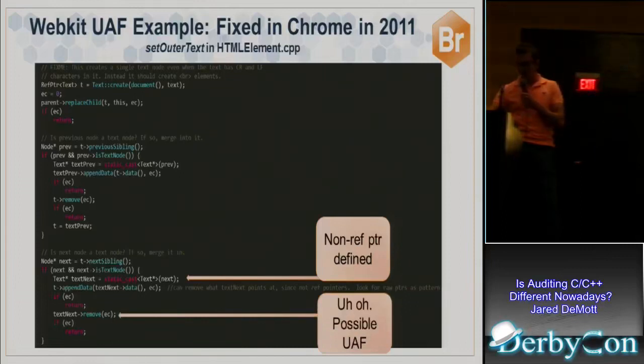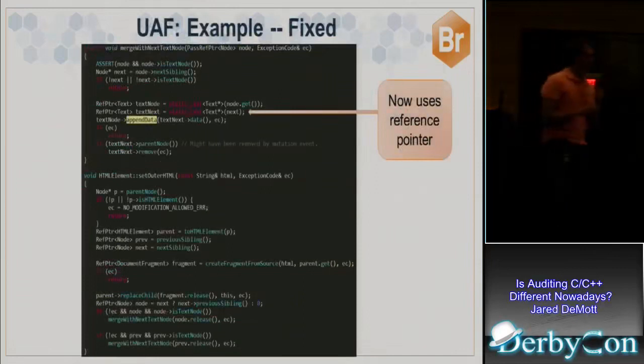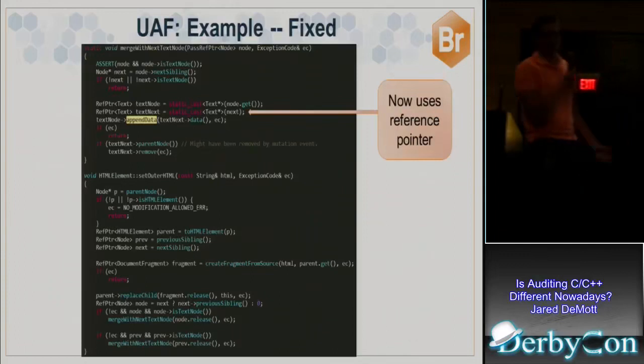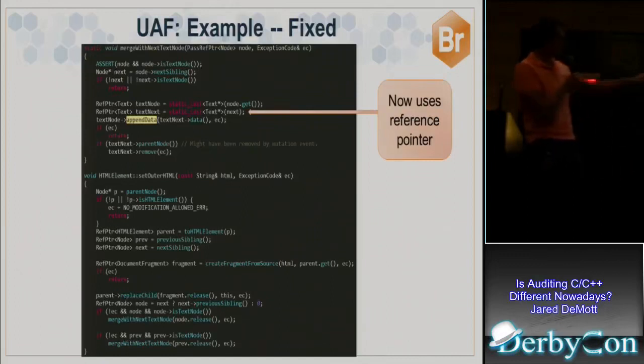So what do you have to do to fix that? All you have to really do to fix that, the use after free, is make sure it doesn't get used after it's freed, basically. The fix for a lot of these bugs is not all that complex in many cases. What they did was change this whole setOuterText function. They changed it to go to some other mergeWithNextTextNode.